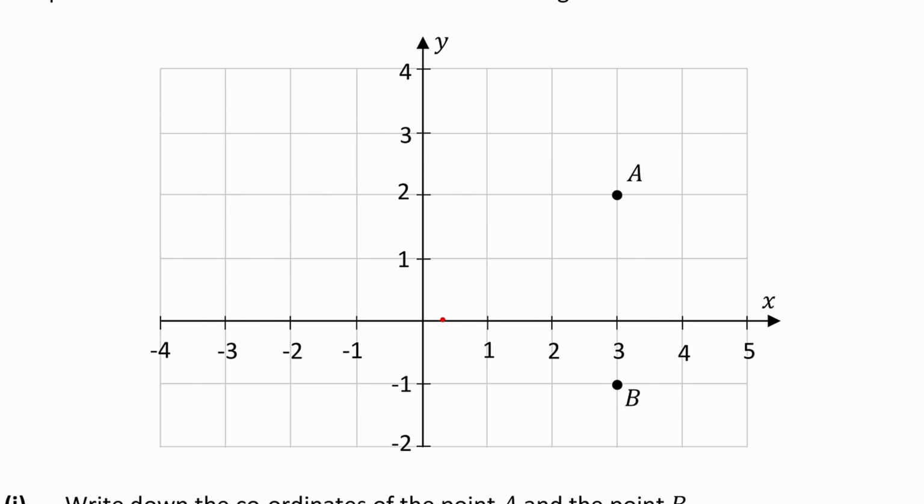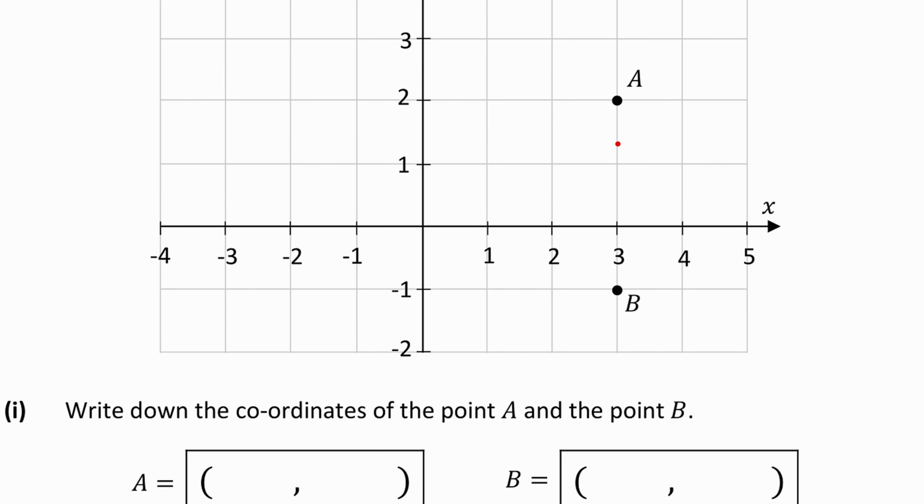For point A, we see that it has a coordinate on the x axis with a value of 3, as you see here.